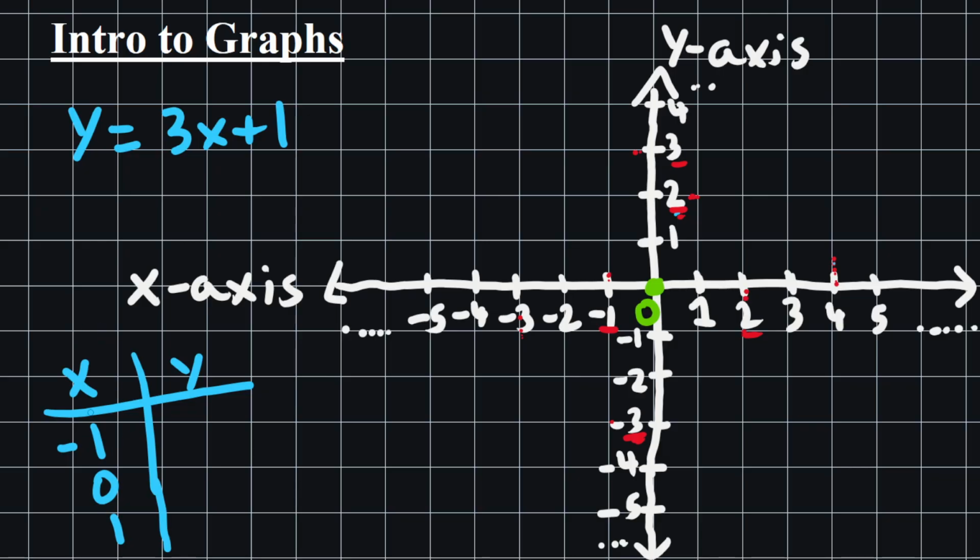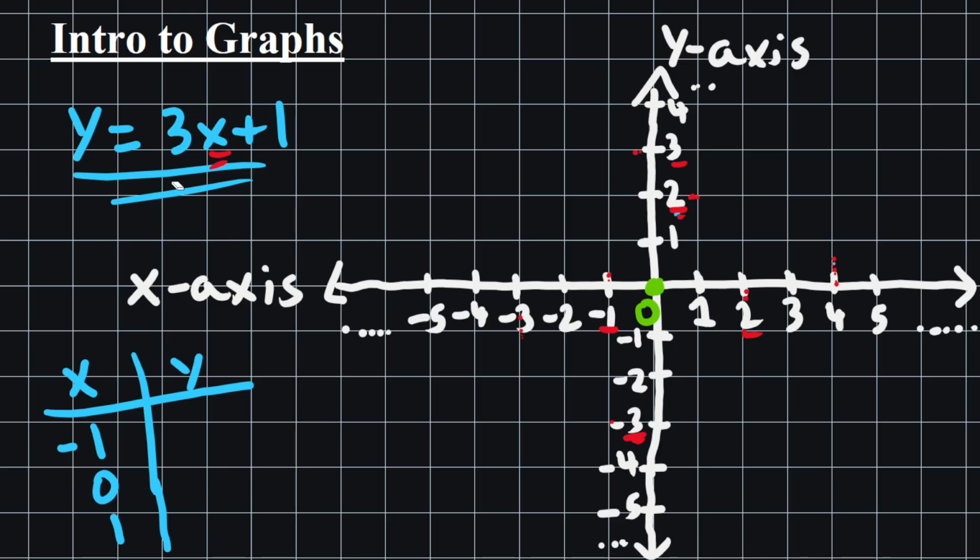Okay, so if x is -1, so this first one right here, then what is y exactly? Well, we can get back to this equation right here, and we can substitute the x for -1. So let's rewrite this.